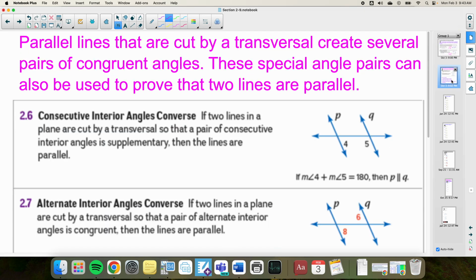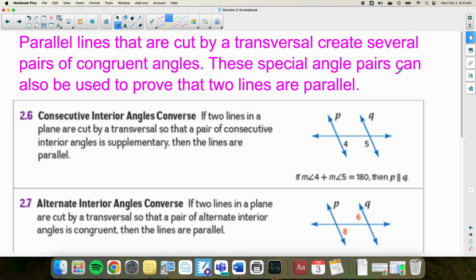Then we have another one, which is consecutive interior angles. Consecutive interior angles were the ones that were not congruent. Do you remember what they were instead? They weren't congruent, but what did they do? Added up to 180, very good. So 4 and 5 here, the reason they're consecutive interior, consecutive meant same side of the transversal, and interior means they're inside of these two lines.